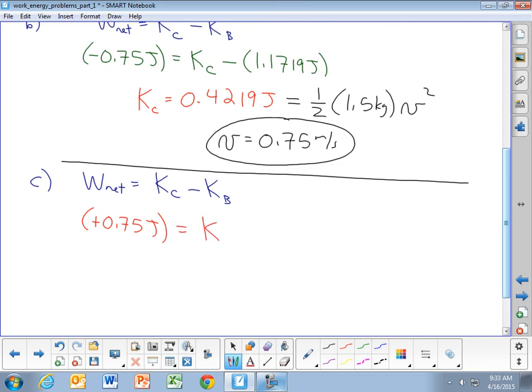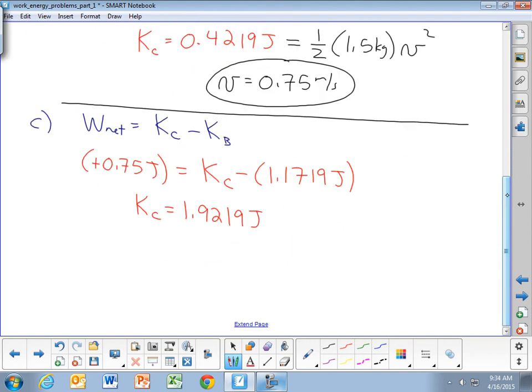And that's going to be my kinetic energy at C minus 1.1719 joules, my kinetic energy at B. I again add 1.1719 joules to both sides. I get that the kinetic energy at point C now is 1.9219 joules. Again, the kinetic energy went up. It went from 1.1719 up to 1.9219 joules.